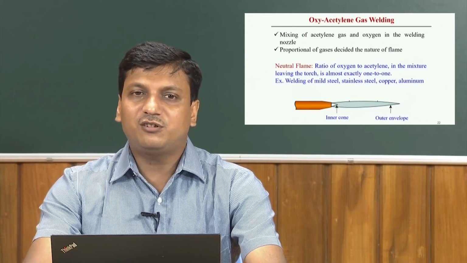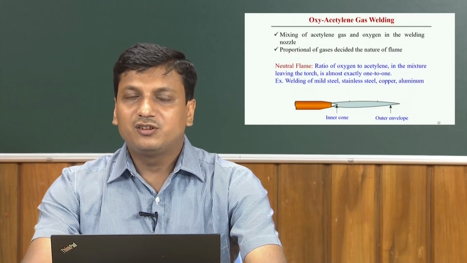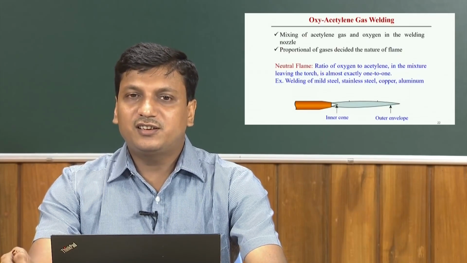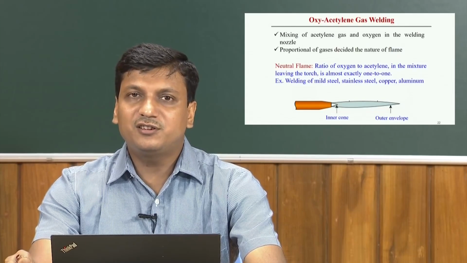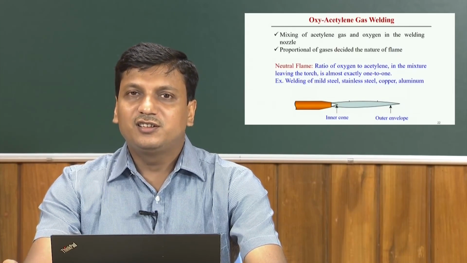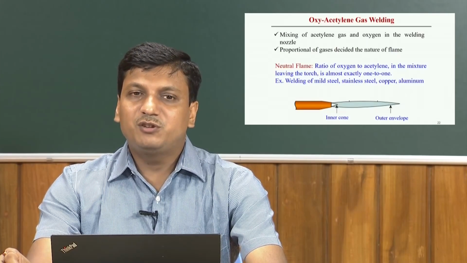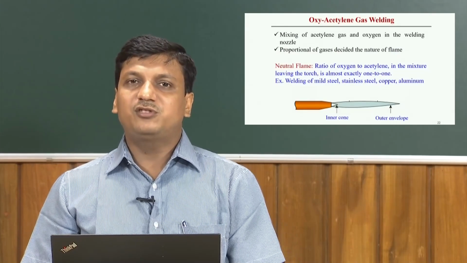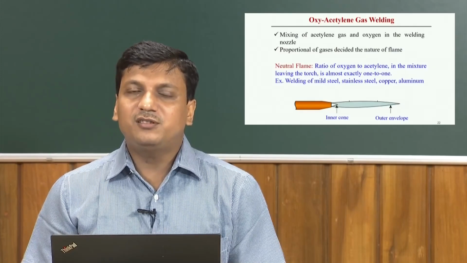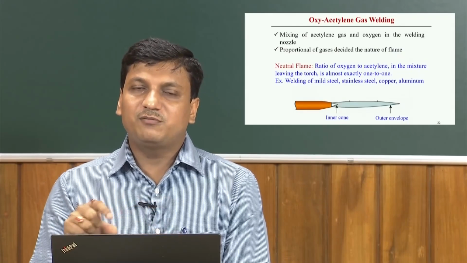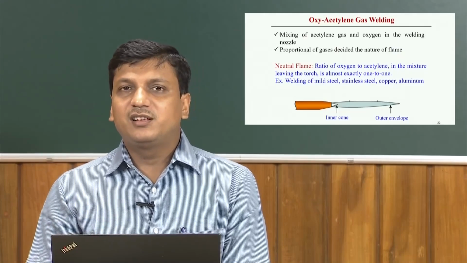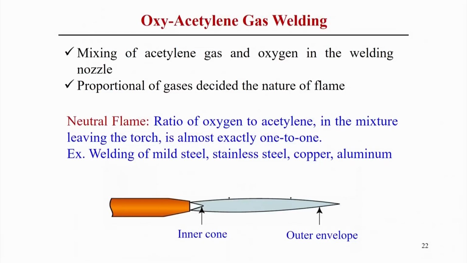So, first we will start with the oxyacetylene gas welding process. Oxyacetylene is a gas welding process. Basically, mixing oxygen and acetylene in different proportions can produce a variety of flame envelopes, and the temperature of the flame depends on the ratio in which we mix acetylene and oxygen.